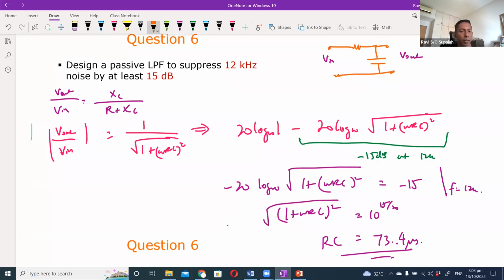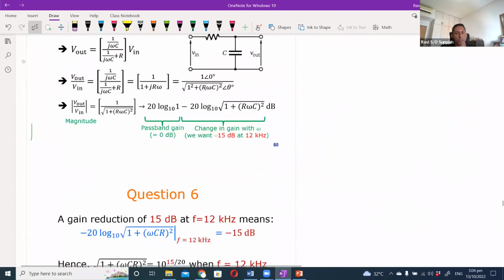I think in the handout, if I choose C as 10 nanofarad, then R will be 7.34K. Again, these are just any values to get whatever you want. So this question is similar to the earlier question.